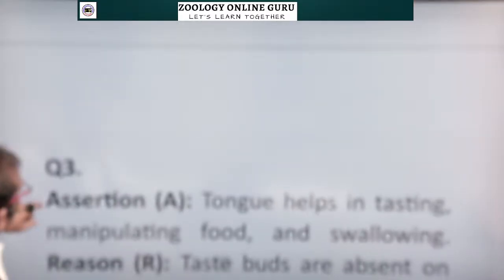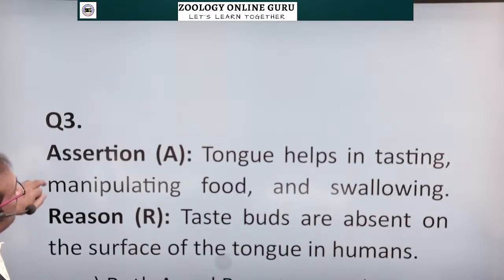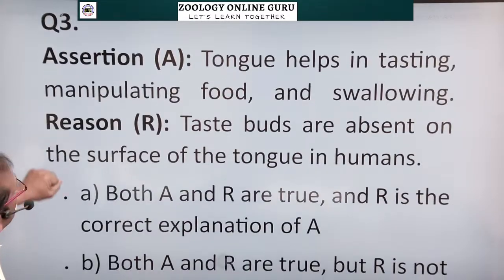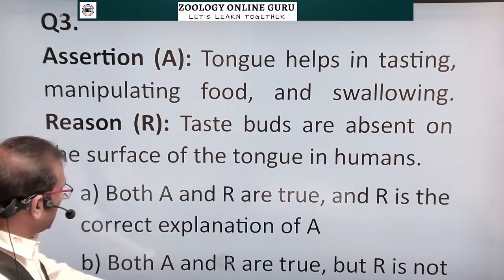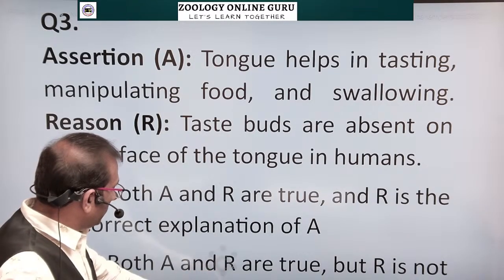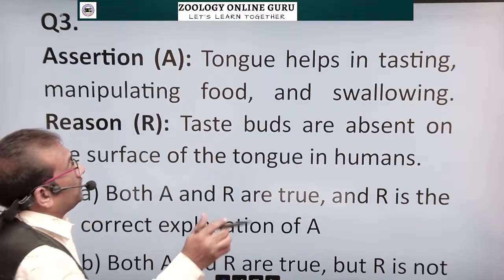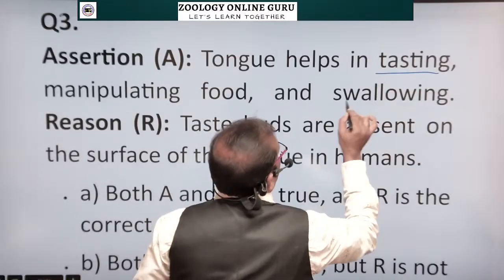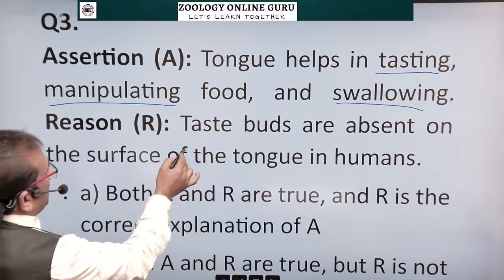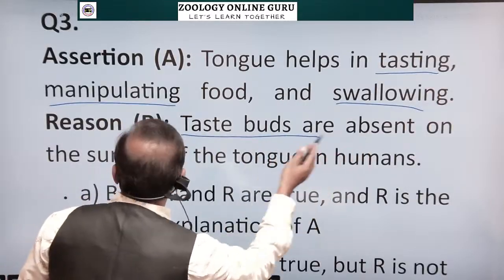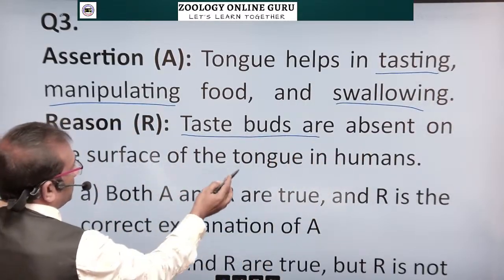Next question, question number 3. Assertion: the tongue helps in tasting, manipulating food, and swallowing. Yes, correct. Reason: because taste buds are absent on the surface of the tongue in humans.